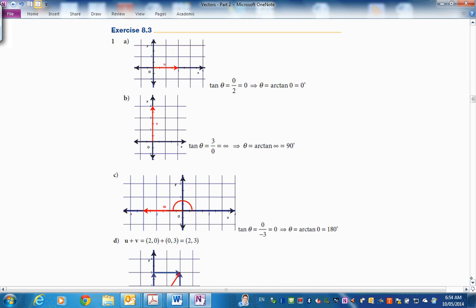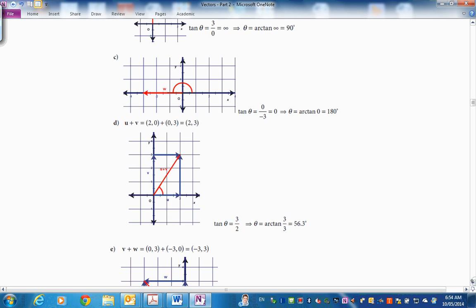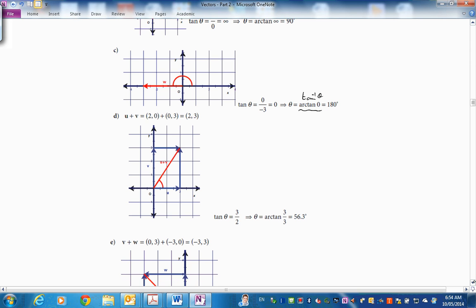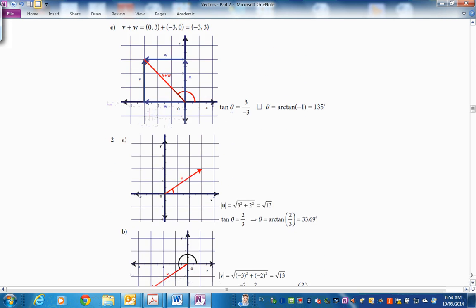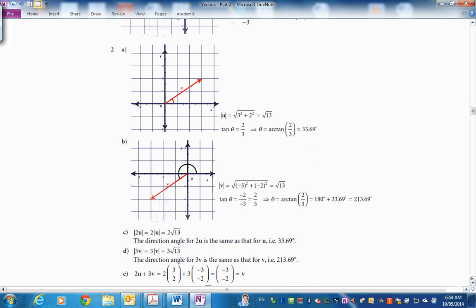Here we go. So question 1, A, B and C. Bring D up now. Just a note here, arc tan is equivalent to tan neg 1 of theta. Just noticing that there, that's setting out. Let's go down to E. There E and the start of 2. A sketch helps in this, of course. Let's bring all the 2 up there.